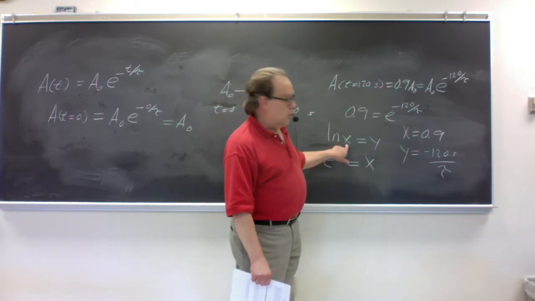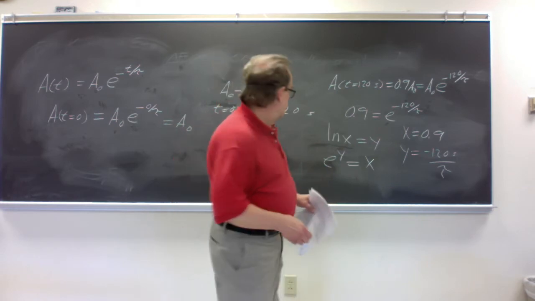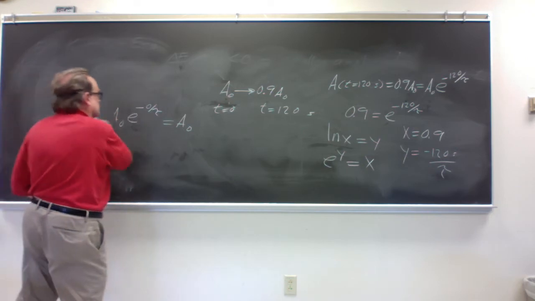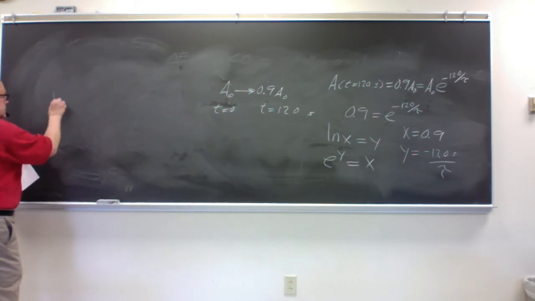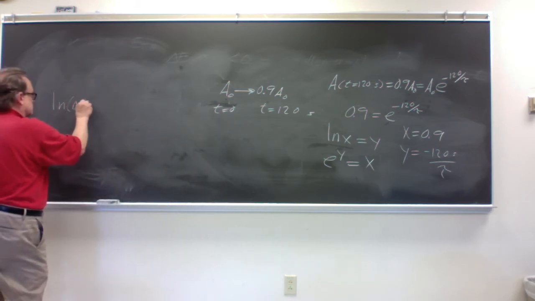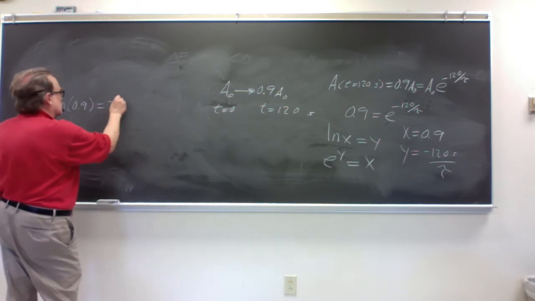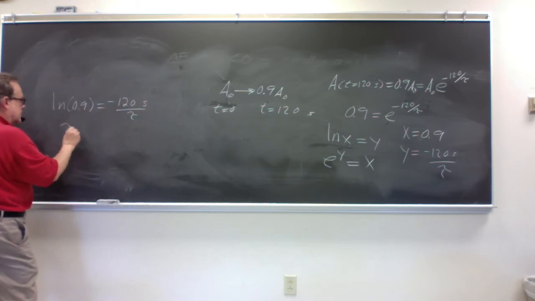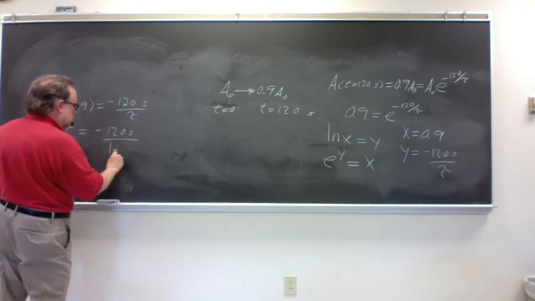Put that x in there, put that y in there, and you can find the value of tau. What that looks like is ln of x, which is 0.9 in this case. Natural log of 0.9 equals minus 120 over tau, or tau equals minus 120 over natural log of 0.9.